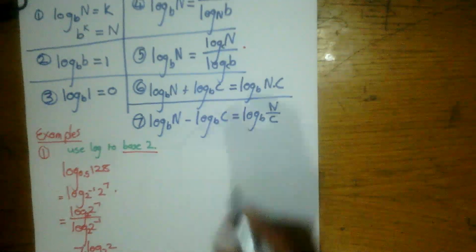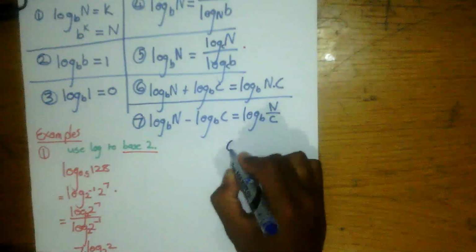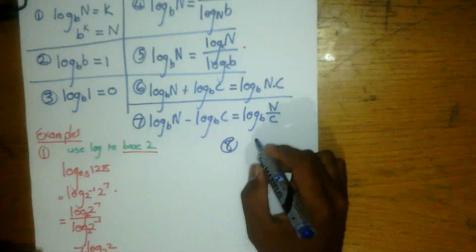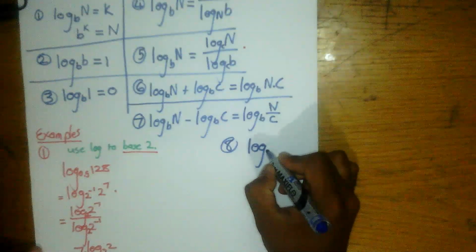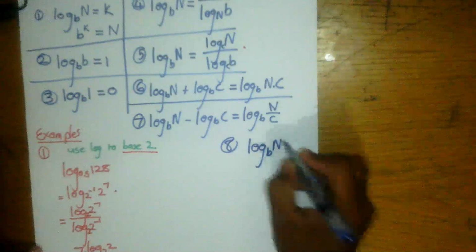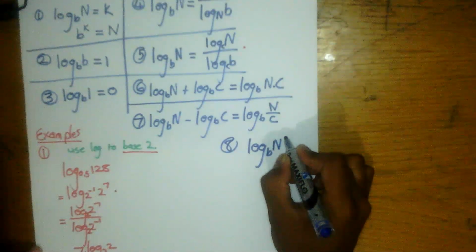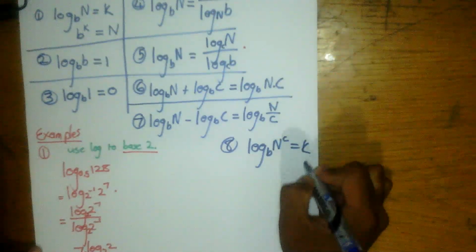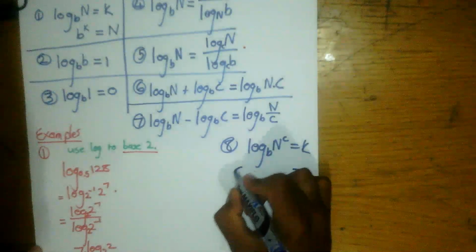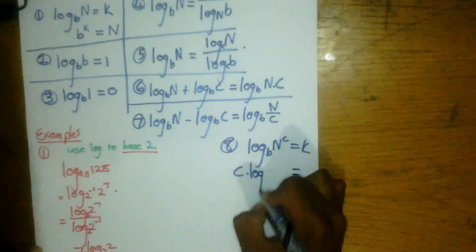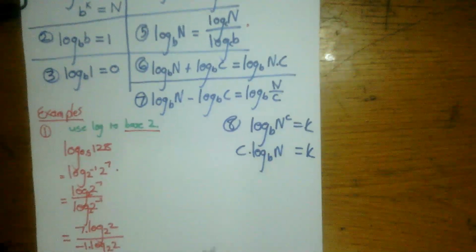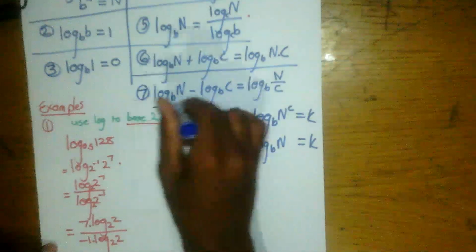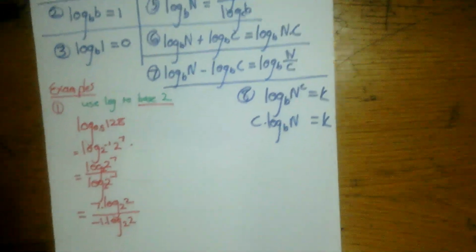But I think everyone knows this rule by now, the rule that says log b of n to the c equals c log b of n. Everyone should know this rule by now because we've been practicing our logs.